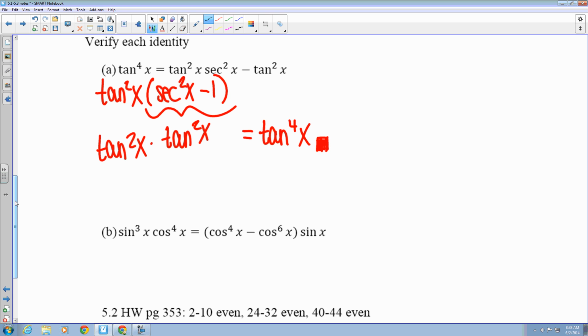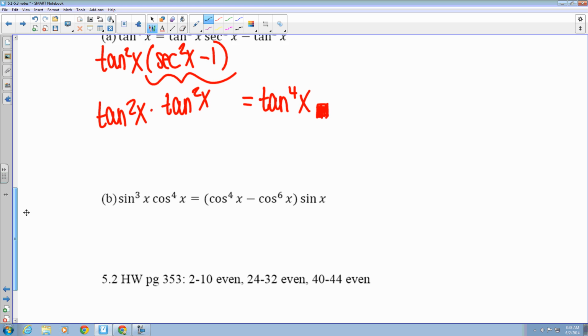Okay, and let's do part B. It doesn't matter which side you start this one on. Some people's brain starts on the left, some on the right. It makes no difference at all. I'm going to say we'll start on the left, and since I see that I'm trying to get down to just one cosine, or one sine, excuse me, and we have 3 on the left side, then I'm going to simplify, break that down, because I know that sine squared is 1 minus cosine squared.